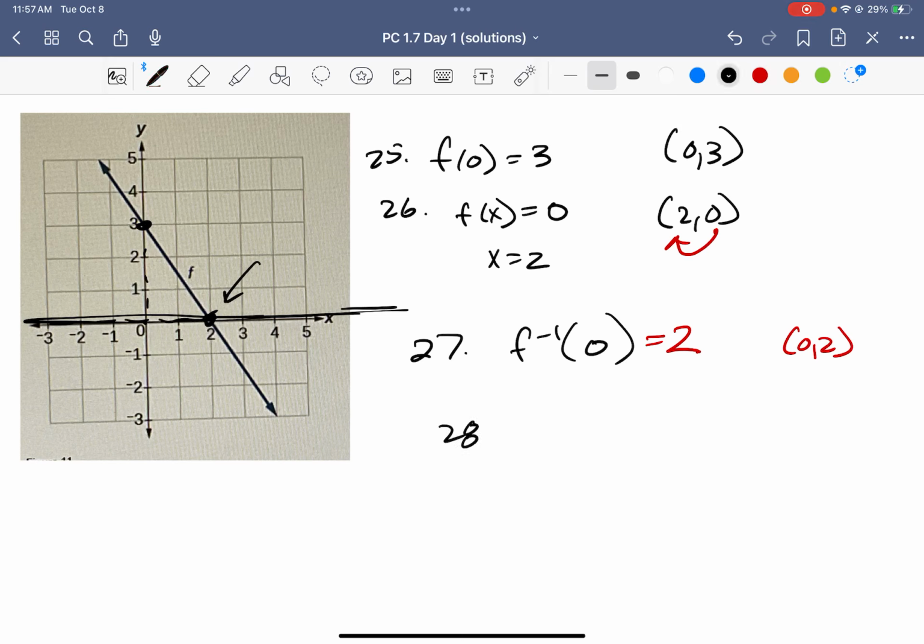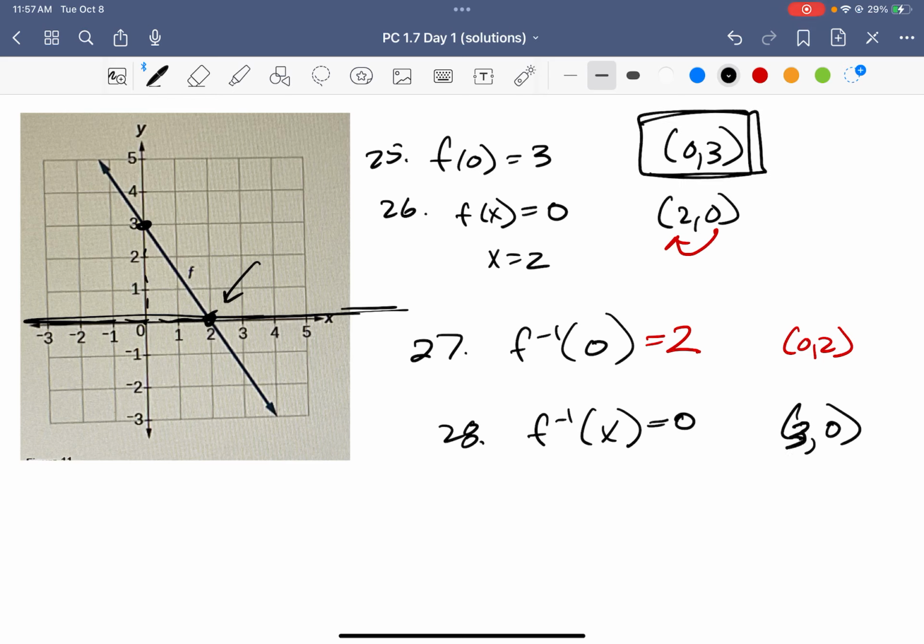And then for the last one, number 28, it says solve f inverse of x is equal to 0. So that means what comma 0 is a point on the graph? Well, if 0, 3 is on f, it means that 3, 0 is on f inverse. So that means x is equal to 3.